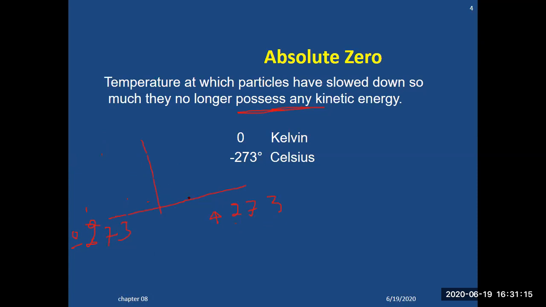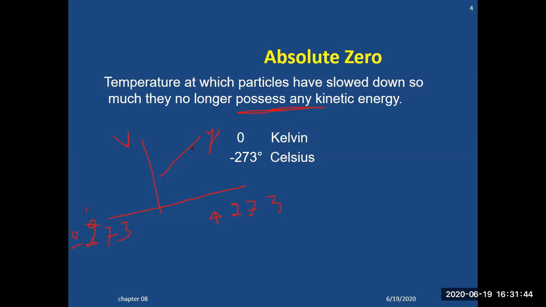You draw temperature along the x-axis and volume on the y-axis, and as you start increasing the temperature of the gas, its volume increases with the temperature. So you will get a straight line, and these results are obtained practically.